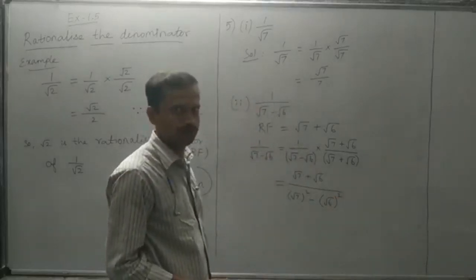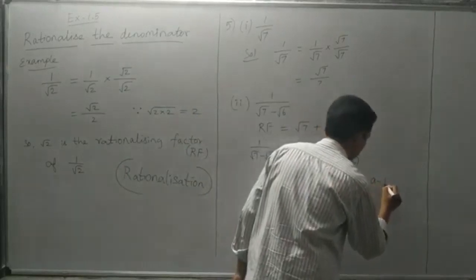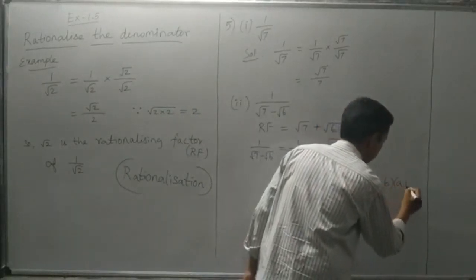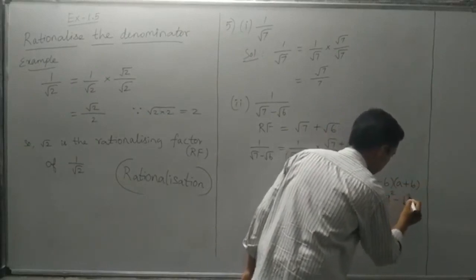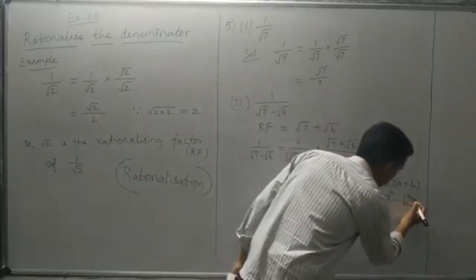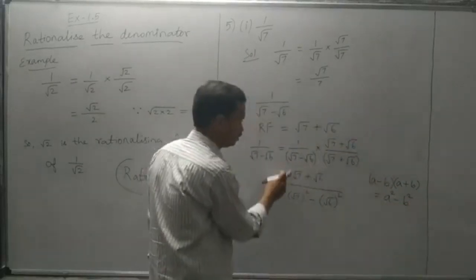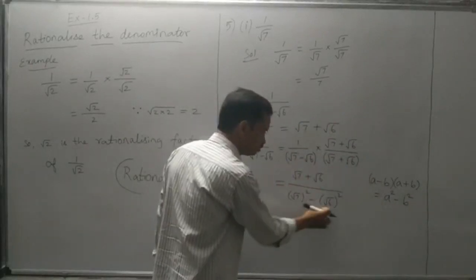Do you remember that identity? I will write down both here. A minus B into A plus B is equal to A square minus B square. This is the identity I am applying here. For A, root 7, for B, root 6.